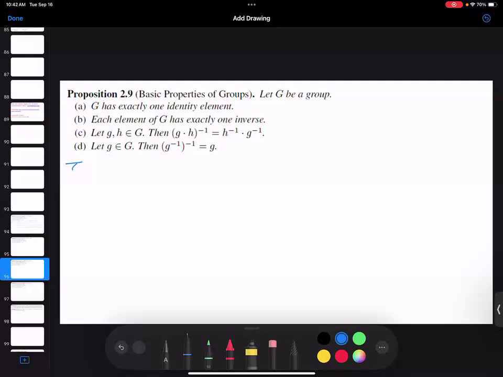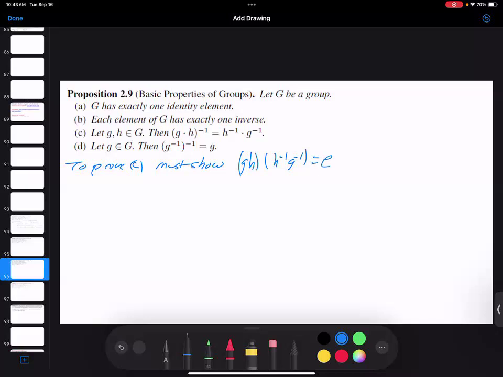So to prove C, we must show what? What do I have to do to show that this is the inverse of G times H? GH times H inverse G inverse equals the identity.